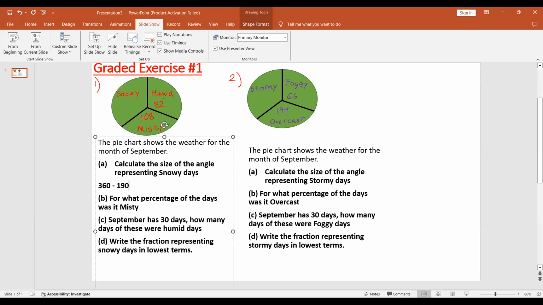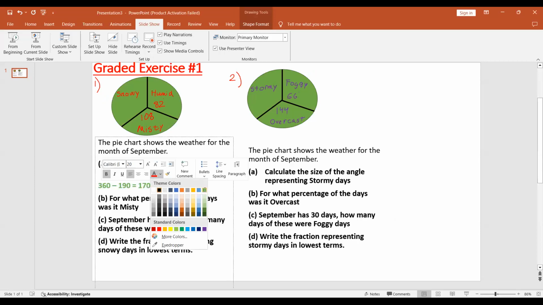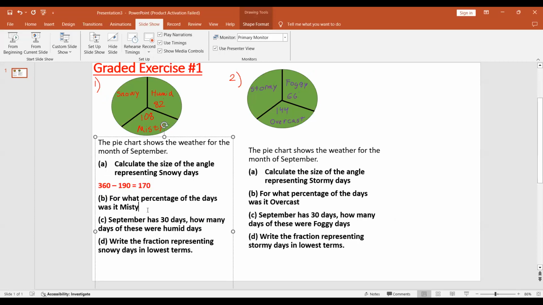So 360 minus 190 gives you 170. Did anyone else get 170 for this one? I did. Okay, good. Excellent.